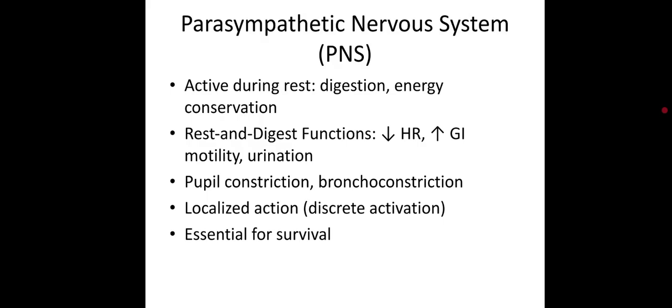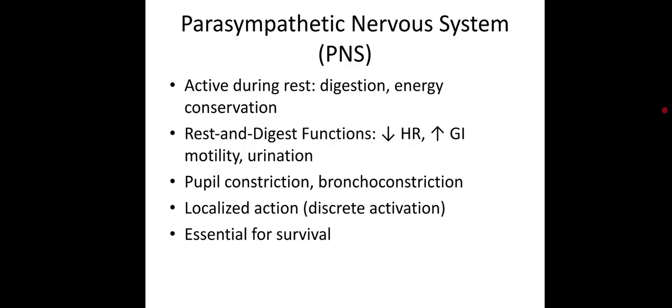Now come to the parasympathetic nervous system, which is the normal state, or you can say the state after an emergency. Now we have to settle down ourselves. So digestion will become normal by increasing the GI motility, and hence there will be energy conservation as well.